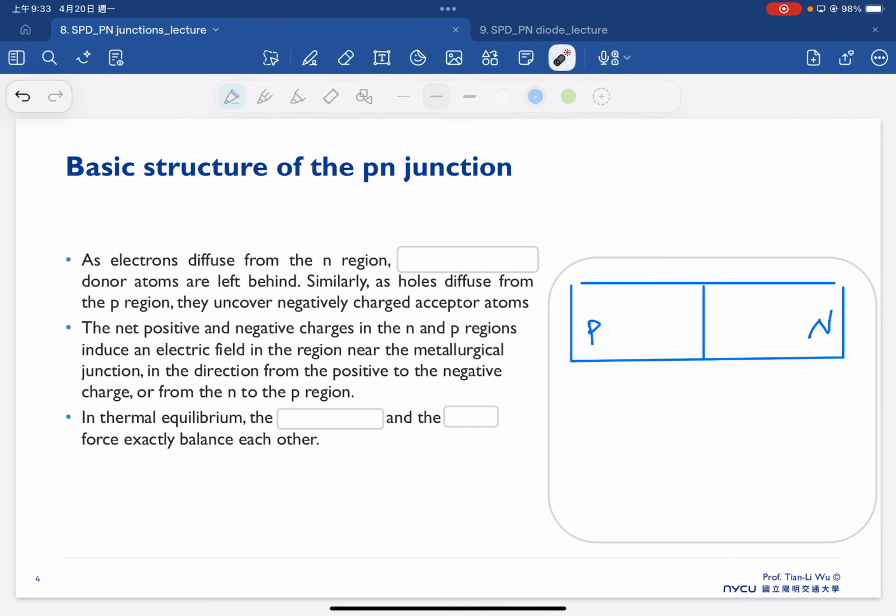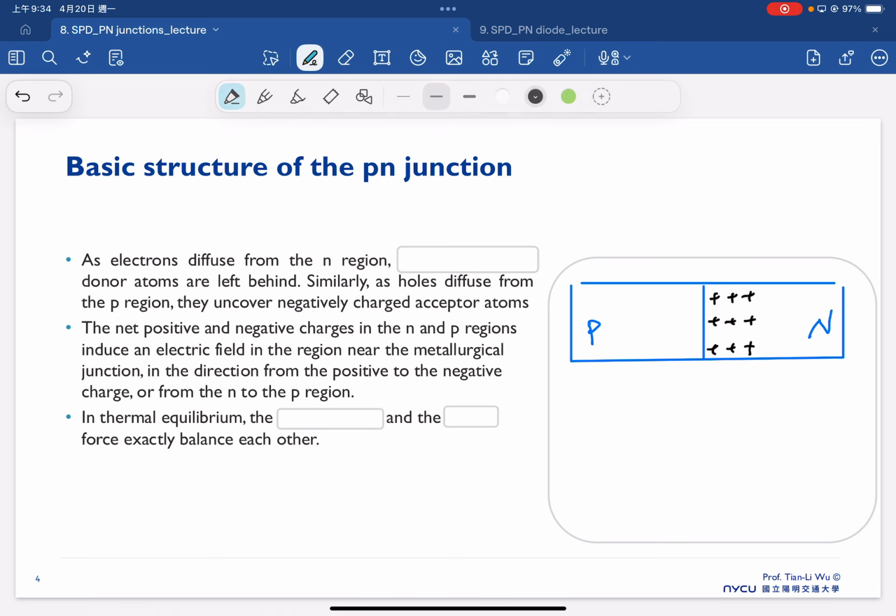First of all, as electrons diffuse from the N region to the P region, the positive charged donor atoms are left behind, because the negative electrons diffused to the left.